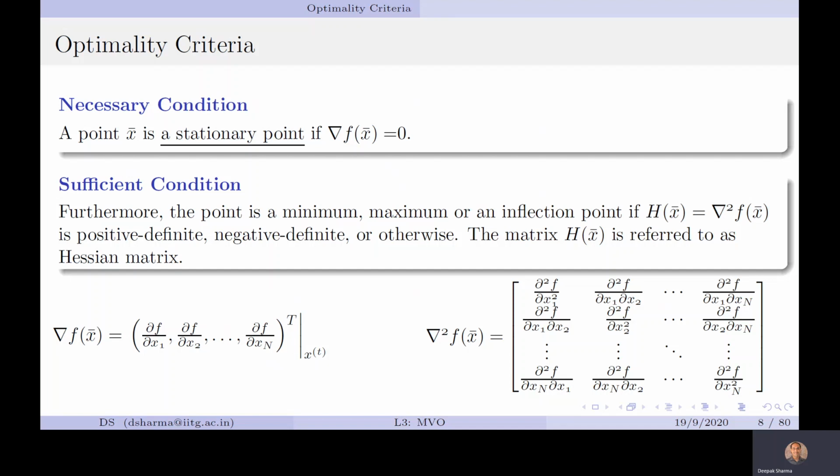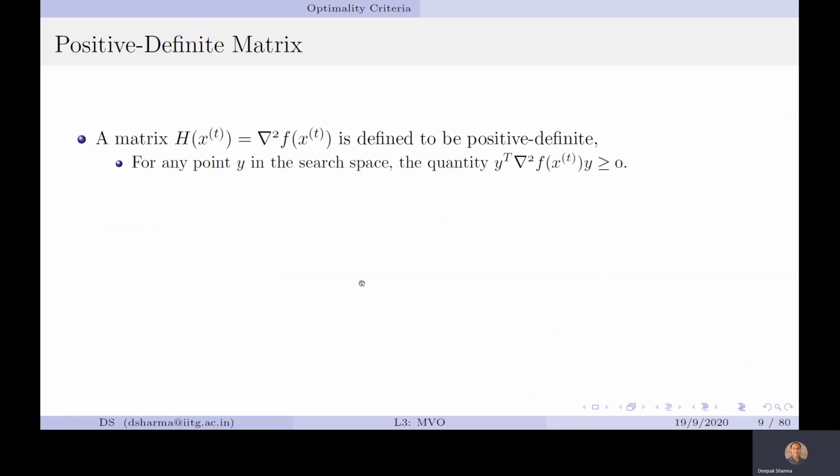When you put the values of x1, x2, x3, x4, it will give you one value only. That's why it is called a scalar function. But when you find the gradient of the scalar function, it is always a vector. When you find the gradient of this particular vector, you will get a matrix. And that's why we call this matrix a Hessian matrix.